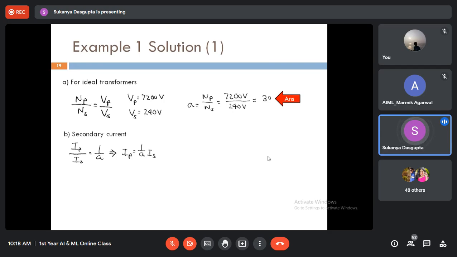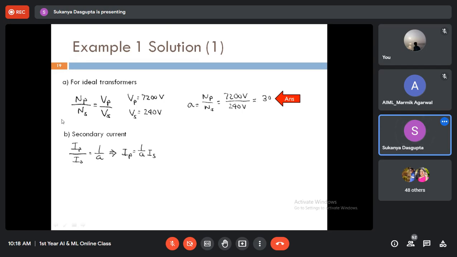Ideal transformer means V1 by V2 equals N1 by N2. V1 means the input voltage, the primary voltage, right?